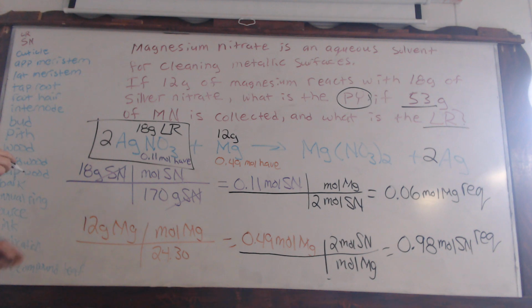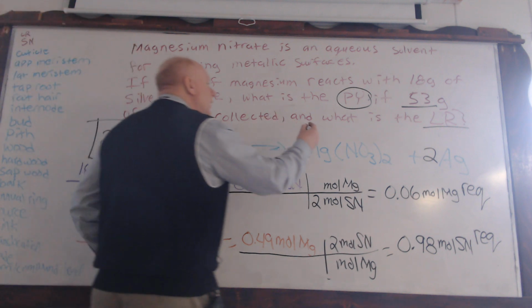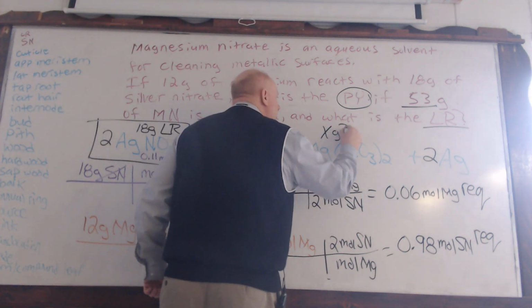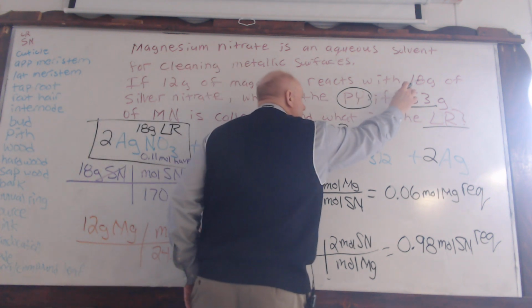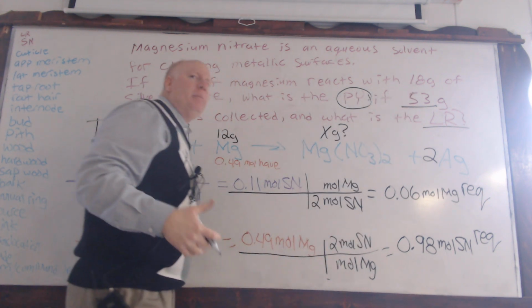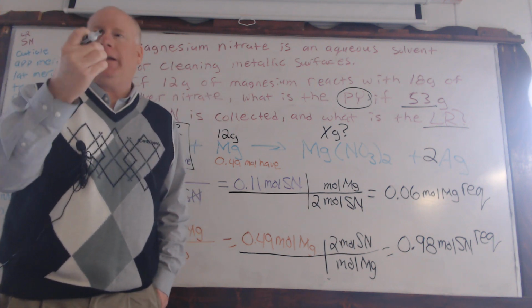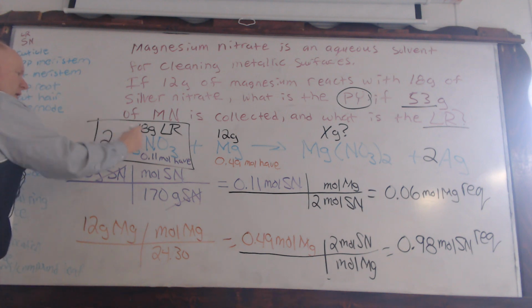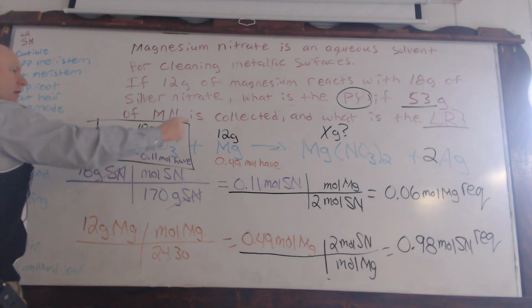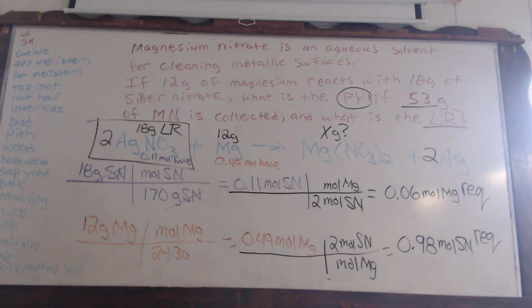But how do we finish this then? In other words, we need to find how many X amount of grams. Don't look at this and say, oh, well, we've got it already. That's 53. But that's what the chemist actually produced. On pencil and paper, you need to get from either grams or moles of what you have into the grams of what it is you're looking for.